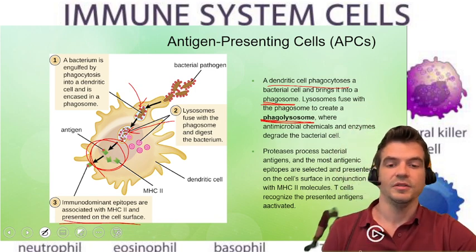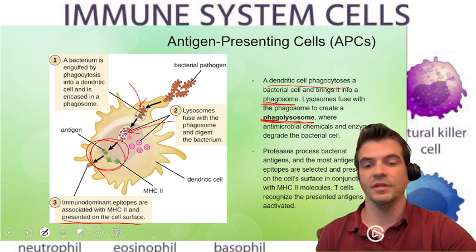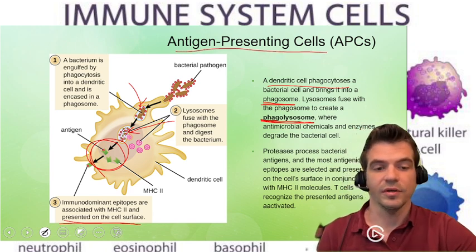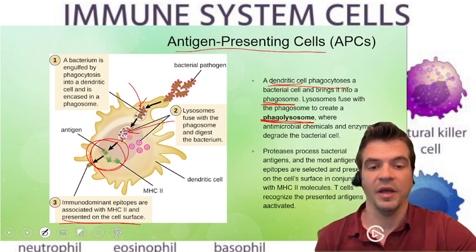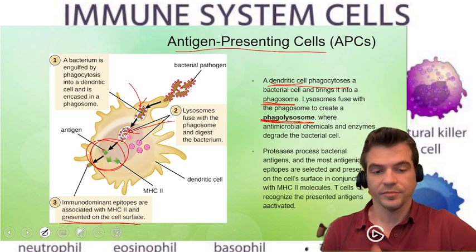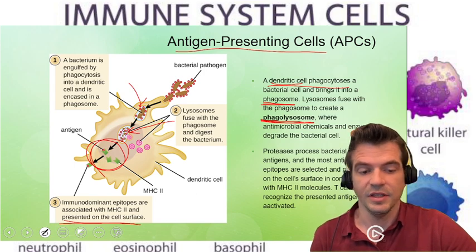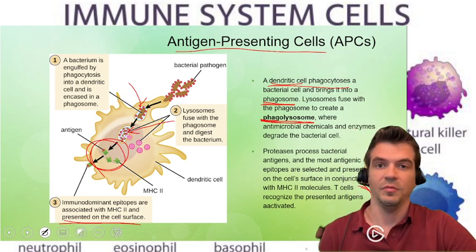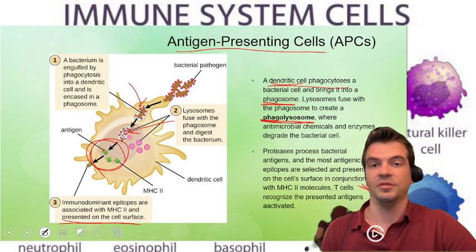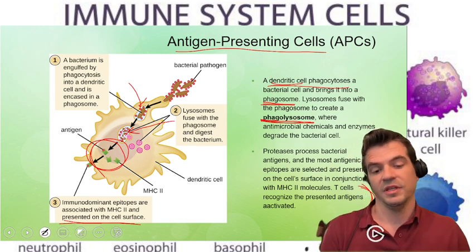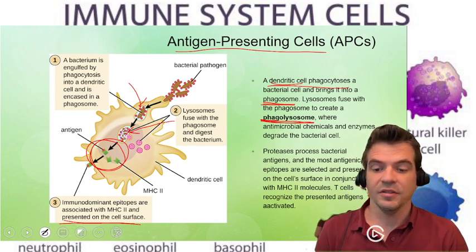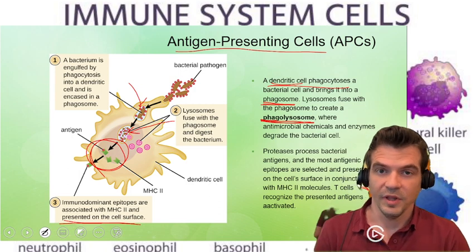That is an antigen presenting cell, which are our dendritic cells and macrophages. And T cells recognize these presented antigens. Remember we talked about cytotoxic T cells and helper T cells. They are recognized by the T cells and perform their function.